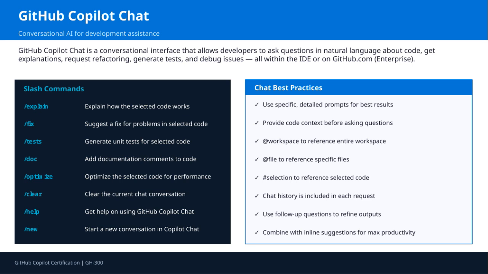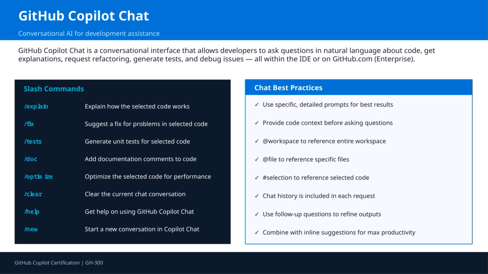Managing your chat is made easy too, with commands like /clear to reset conversations or /new to start fresh. And if you ever need guidance on using Copilot Chat, the /help command is always available. To get the best results, it's important to follow some best practices. Use specific and detailed prompts, and always provide relevant code context before asking your questions.